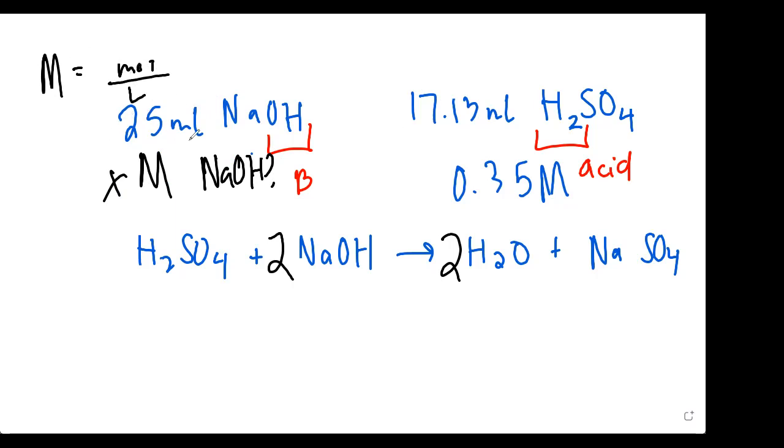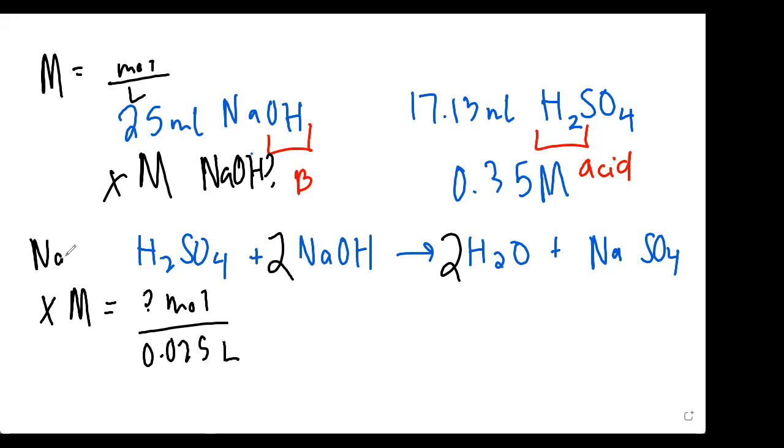Yeah. Okay, cool. So because we have the molarity, here, I'll do the moles per liters. We have the liter or the volume, right? So 25 milliliters is 25 divided by 1,000. So X molarity, question mark moles over 0.025 liters.